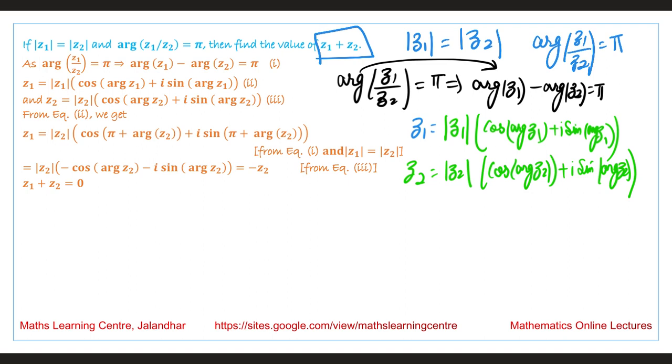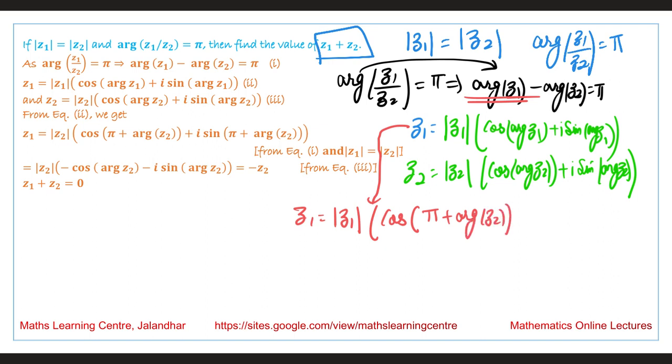Now if we substitute the values, z1 is equal to mod of z1 into cos of pi plus argument of z2 plus iota sine of pi plus argument of z2.